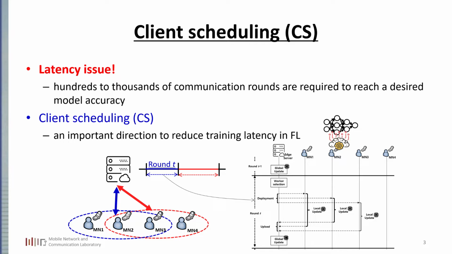The latency caused by communication rounds, such as hundreds to thousands of communication rounds, remains a bottleneck in federated learning. So if the number of cycles is lower and the latency decreases for the desired model accuracy, the performance of the learning could be improved. So it is important to schedule the clients to reduce the training latency in federated learning.